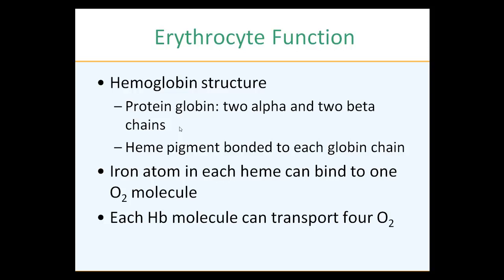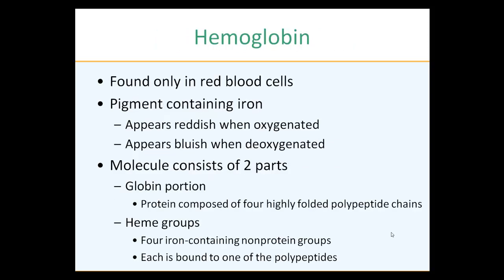So in total, each hemoglobin molecule can transport four oxygen molecules. Where is the carbon dioxide bound to or carried? It's mainly carried not by the heme, but by the globin protein. So carbaminohemoglobin refers to carbon dioxide binding the globin, not the heme itself.